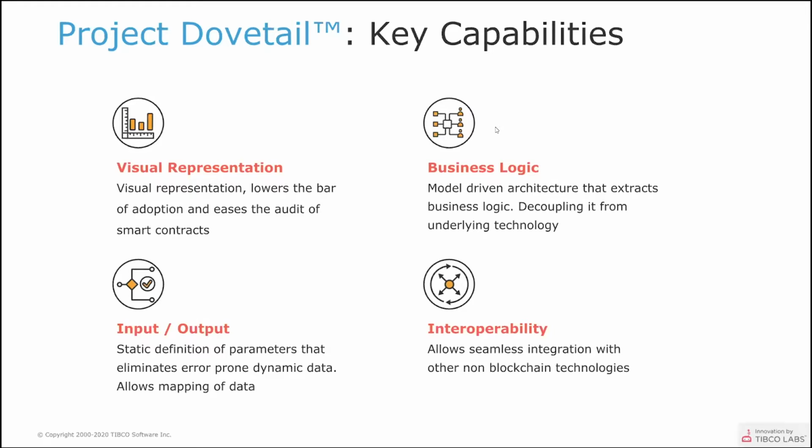Your business logic gets abstracted from your programming language or from your smart contract, so you have a better way of reducing vendor lock-in. And then you have better interoperability because now you have all your data in a model that you can generate clients over.